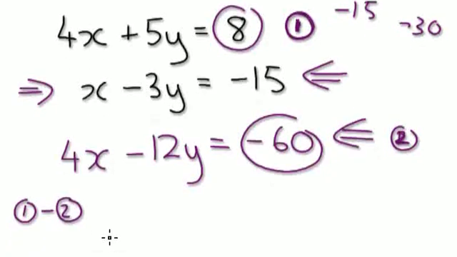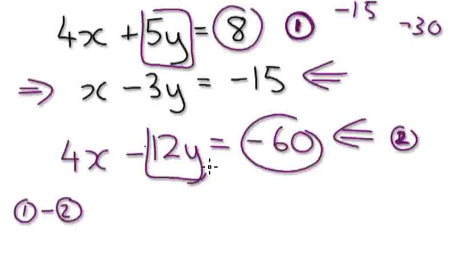Okay, it doesn't matter that much. So now this, take away this here would give us nothing. Now this here, take away this here, well, don't forget it's a negative, so it's 5y, take away negative 12y, so that would be 17y.